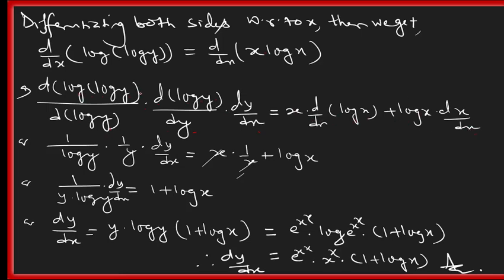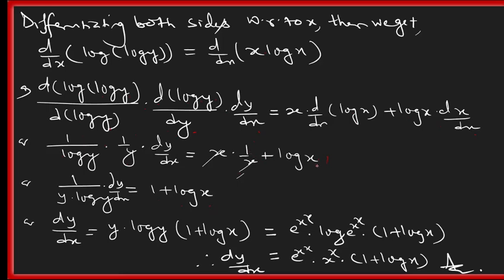So the derivative of log log y is 1 by log y, the derivative of log y is 1 by y, times dy by dx, equals x itself times the derivative of log x, which is 1 by x, plus log x itself times dx by dx, which is 1. These two can be cancelled, so 1 over y log y times dy by dx equals 1 plus log x.